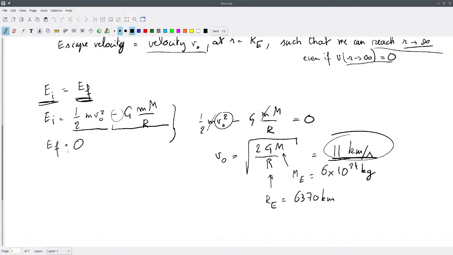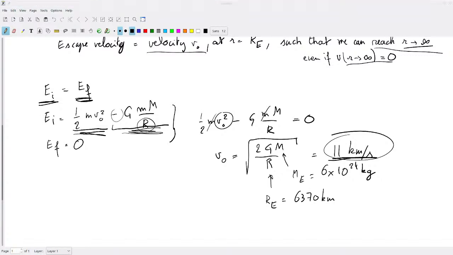The final energy is 0, because the kinetic energy will be 0 at the final point, where we're infinitely far away, going infinitely slow. And at an infinite distance the potential energy will also be 0 because of the 1 over r. So that's how we're deriving that.